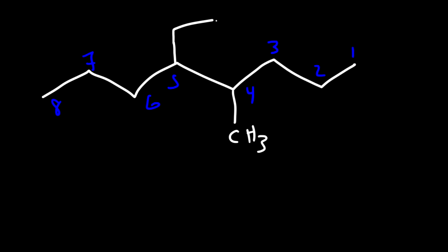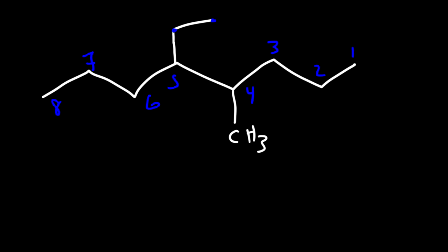Now let's try another example. So let's say we have these 2 groups. How would you name it? First, we need to decide which way to count. So let's count it this way, and let's write the name of the molecule that results. If we were to count it this way, we would have a methyl on carbon 4, and this substituent has 2 carbons on it, so that's going to be an ethyl group.